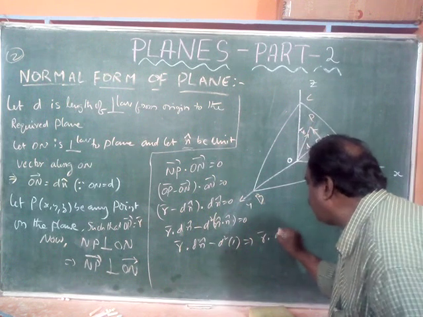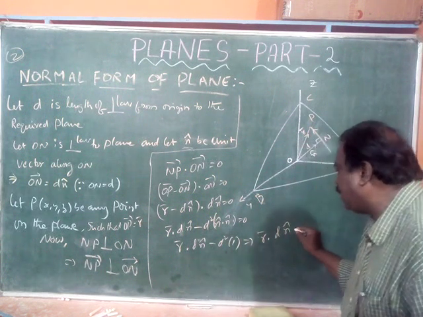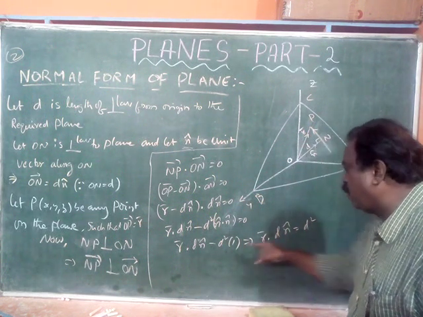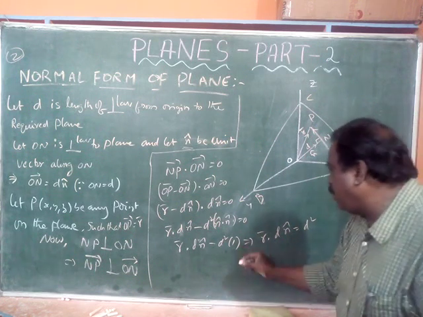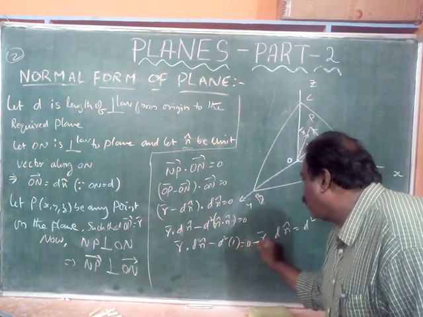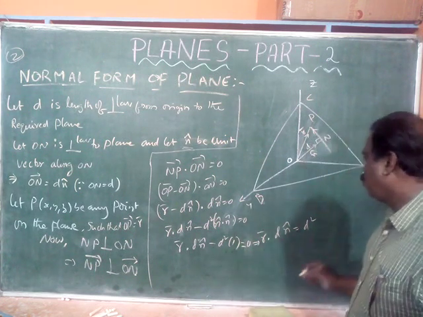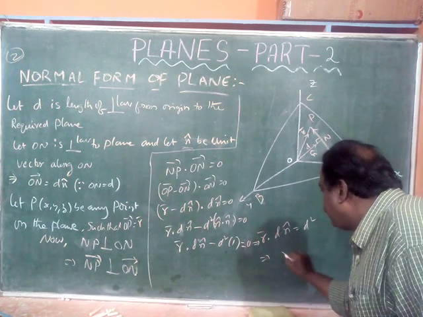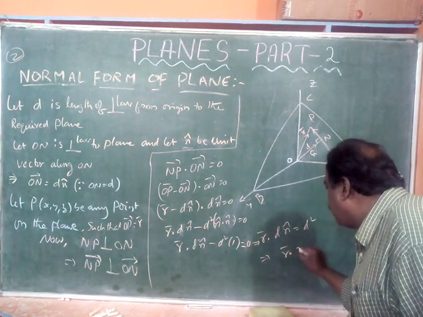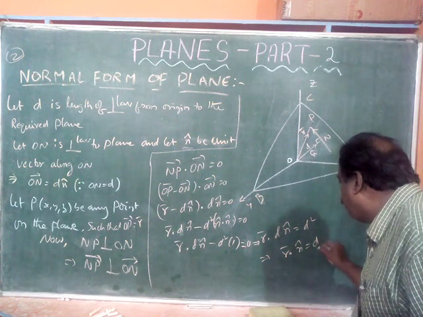So R bar dot n cap is equal to D square. I am sending D square to this side. That implies R bar dot n cap is equal to D1.